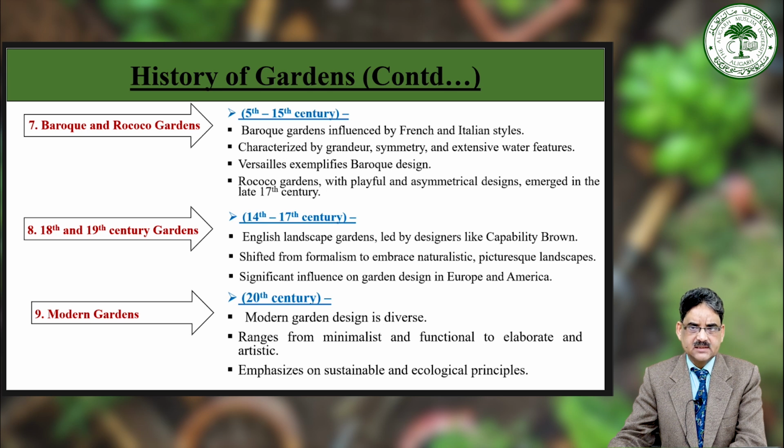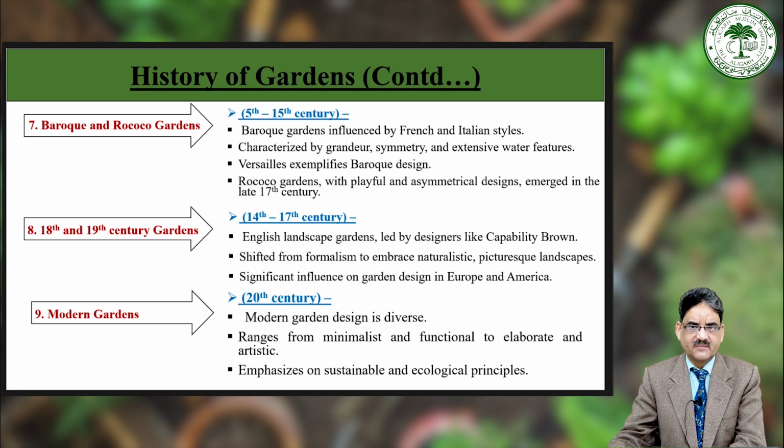Baroque gardens were influenced by both French and Italian styles and were distinguished by their grandeur, symmetry, and abundant water features, as seen in the iconic design of Versailles. Subsequently, in the late 17th century, Rococo gardens emerged featuring playful and asymmetrical designs.